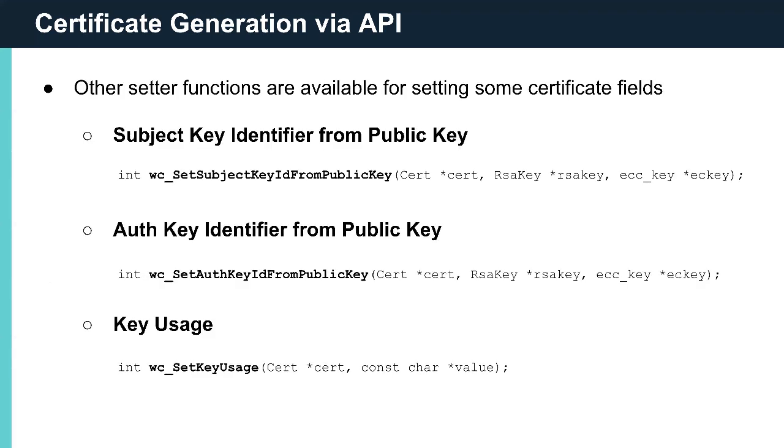Some other setter functions: if you want to set the subject key identifier from the public key, you can do so using the first API here. If you want to set the authority key identifier from the public key, you can do that with the second API. And if you want to set the key usage, you can do that using the third API here.